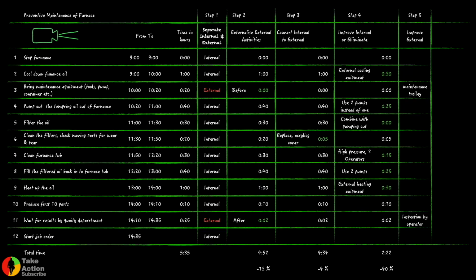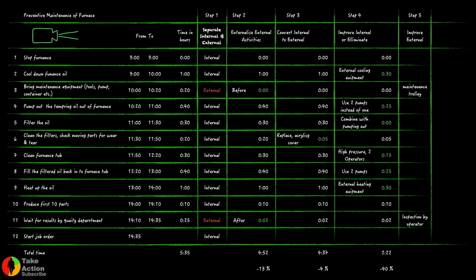Similarly, activity number 11. Though we have externalized this activity, and it is now done when the machine is running, the time spent by our operator is still 25 minutes. We can reduce his effort, which is the aim of this step to improve the external activity, if we train the worker to do the whole inspection, so that he need not go far away to the quality department, wait for the result, and then go back again to bring the parts back.